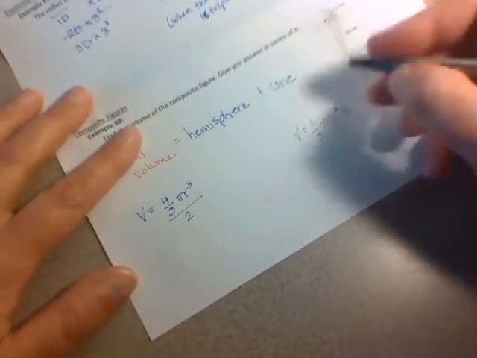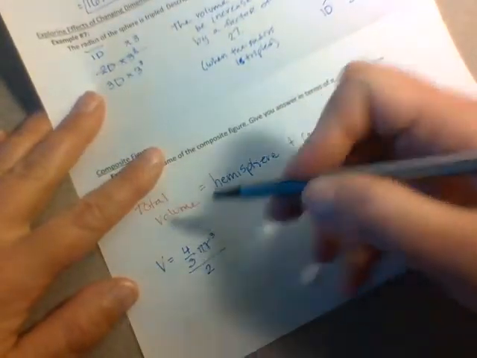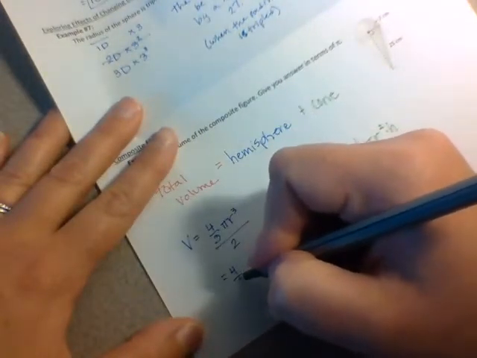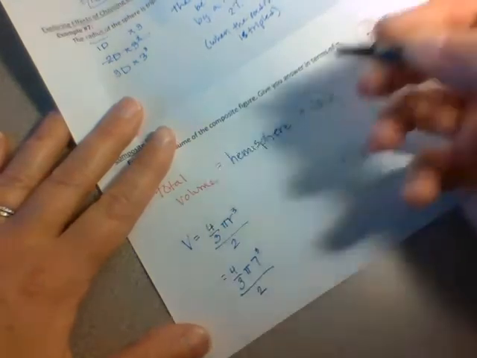Okay, there we go. Missing a piece there. So filling in what we have here, the radius is said to be 7, so we can go ahead and plug in a 7 right there, meaning we have 4/3 pi 7 cubed over 2.